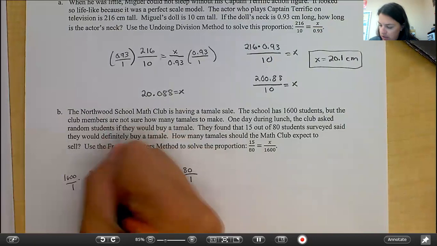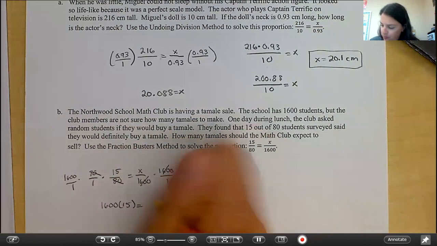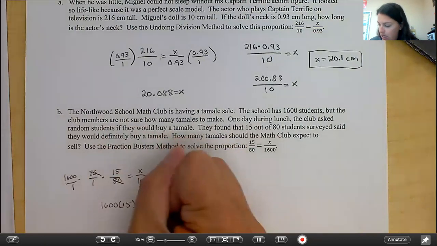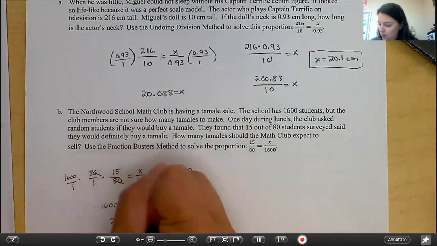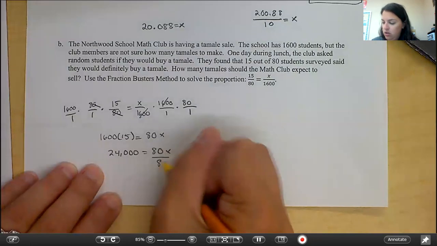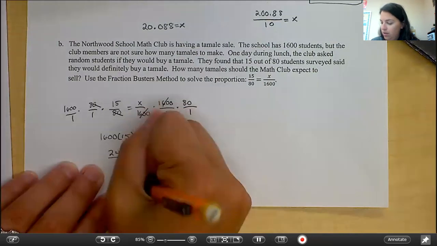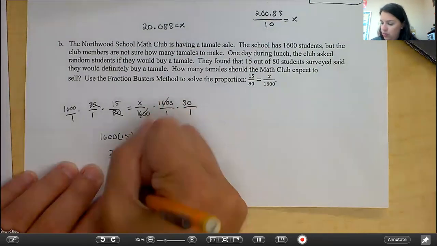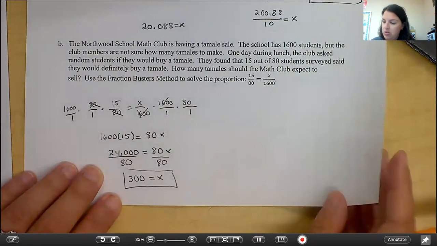So that gives us 1,600 times 15 equals 80x. 1,600 times 15 is going to give you 24,000 equals 80x. Again, simple one-step equation now. Opposite of multiplication is division. So we're going to divide both sides by 80. And we're going to get 300 equals x. So they should expect to sell 300 tamales.